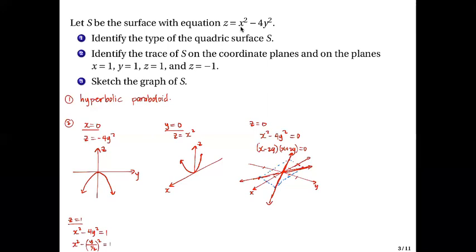So it's easier to visualize the hyperbola. So in here, we have the x-axis and the y-axis. So this is y, this is x, and we are on the plane z equals 1. Take note of that.